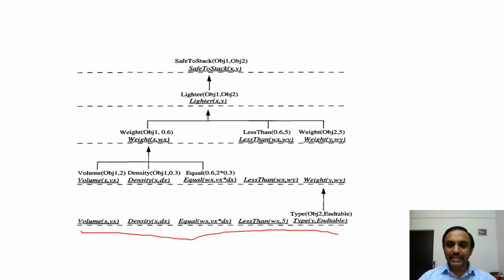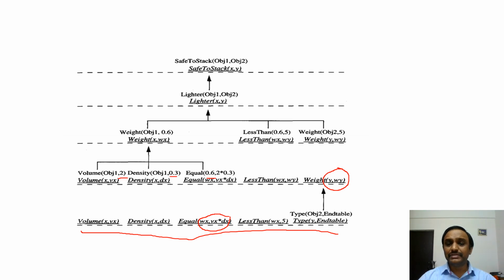Here we are taking the weight of y objects and calculating the weight of the x object. That is object 1: what is its volume and what is its density. By using that we are calculating the weight as 0.6.